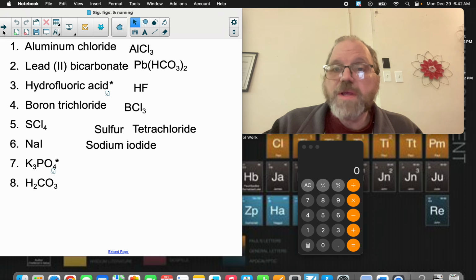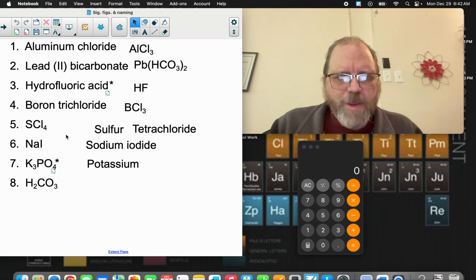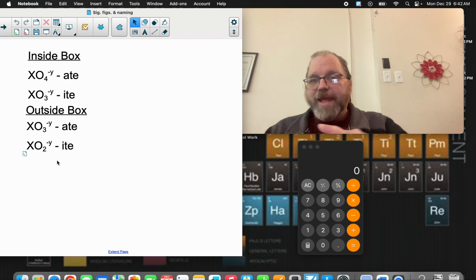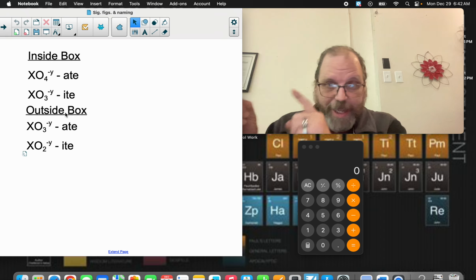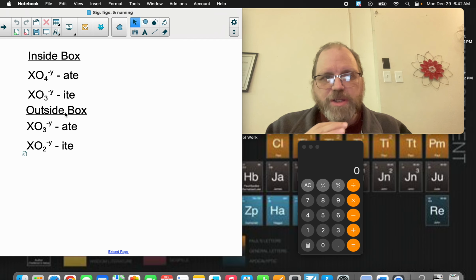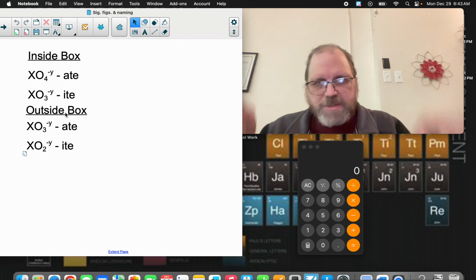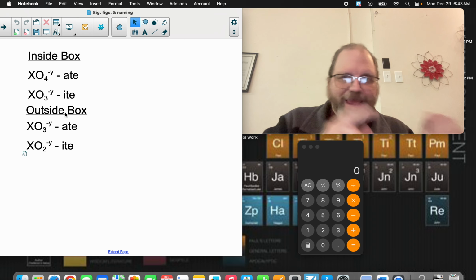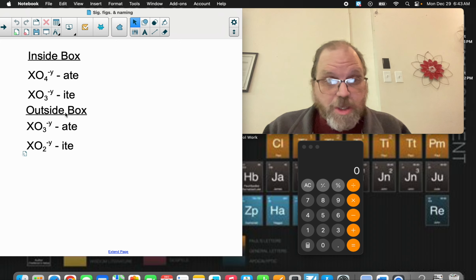K3PO4. Well, K is potassium. PO4, that's one of the polyatomics that I do know. That's the box rule. And again, go back in that section I showed you. I think it's around the 80s there. And I go through the entire explanation of the box rule. Inside the box, outside the box, ates and ites, and the oxidation numbers associated with it.